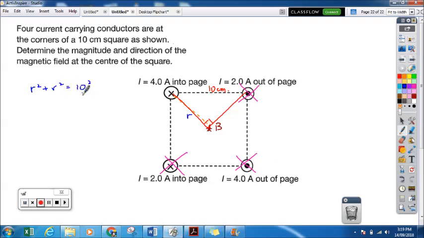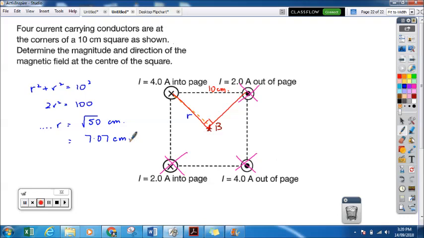This is in centimeters, of course. So 2r squared would equal 100. If you can calculate what r is there in terms of centimeters. If we do that, we'll get that it's root 50 centimeters, which is approximately 7.07 centimeters. We'll leave it at that level of accuracy there.